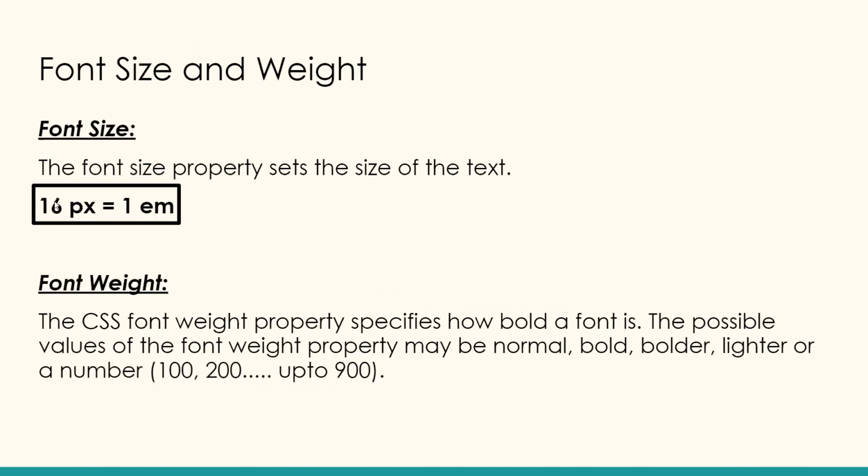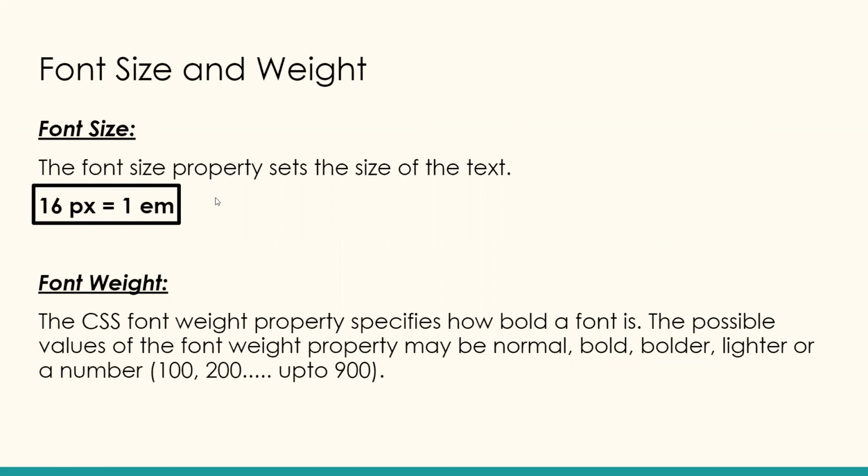Now, font size and font weight. The font size property sets the size of the text. The most common way to set our font size is just using pixels, but you will see EM. What this means is 16 pixels would equal 1 EM.